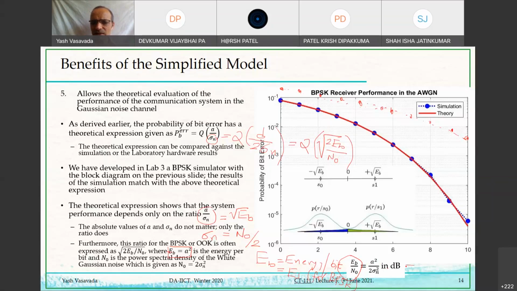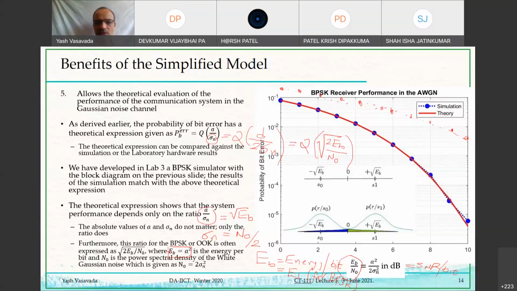And this is nothing but signal to noise ratio, except this signal to noise ratio is over 1 bit. We are not collecting signal to noise ratios over multiple bits. For each bit, what is the signal to noise ratio? That is what EB over N naught defines. More accurately, I should say energy per bit to noise ratio, but then it becomes a cumbersome terminology. In general, it is called SNR per bit.